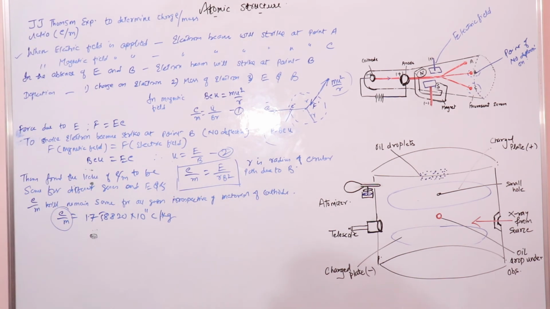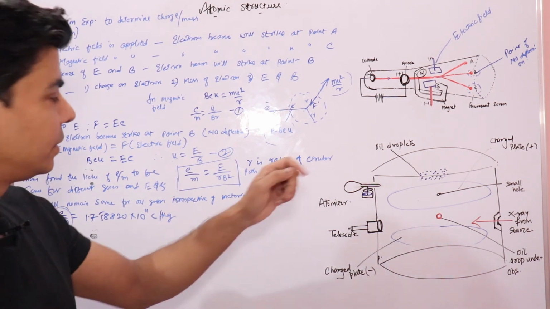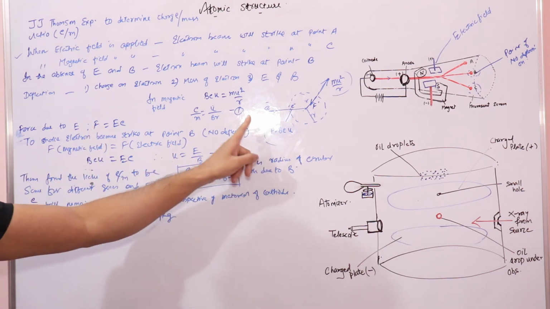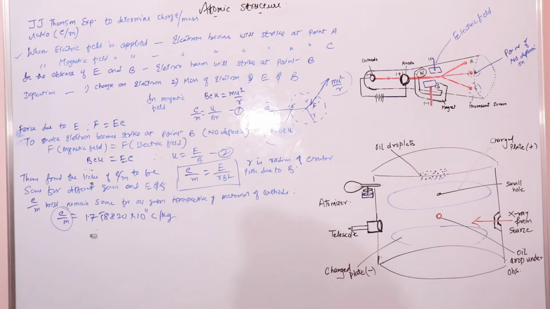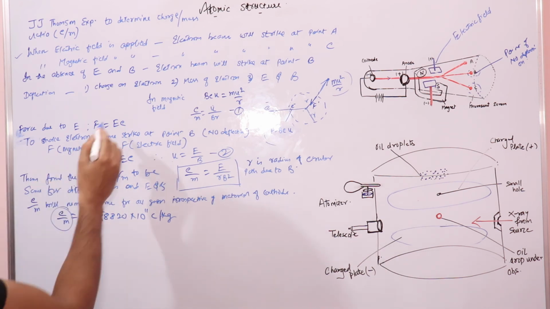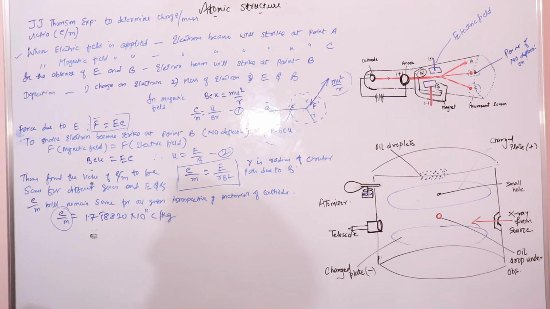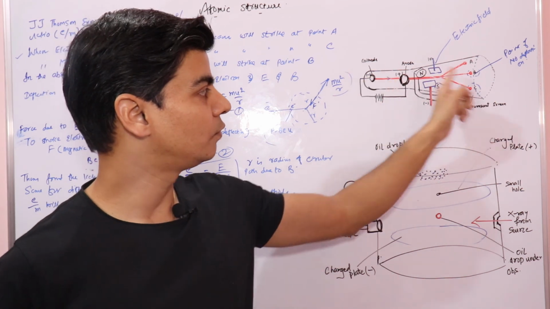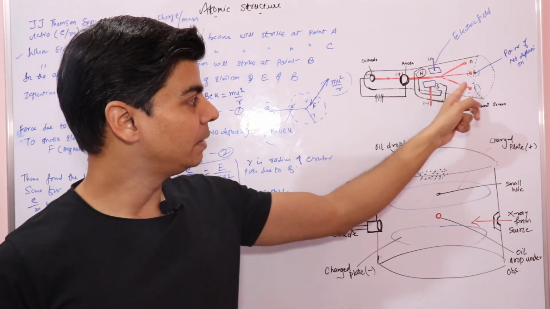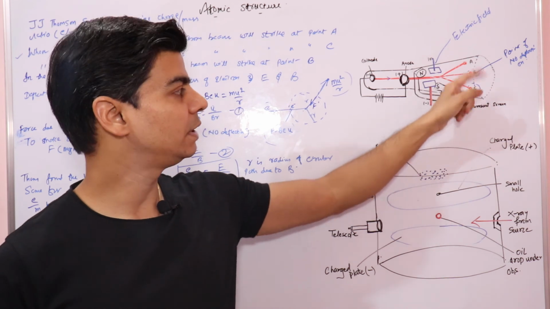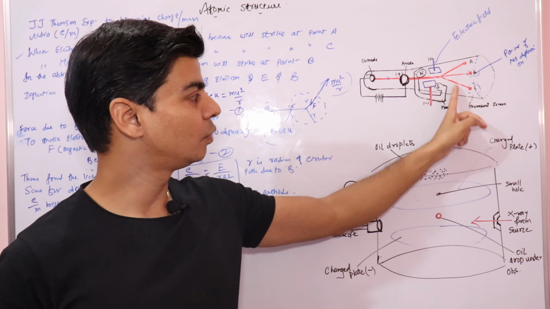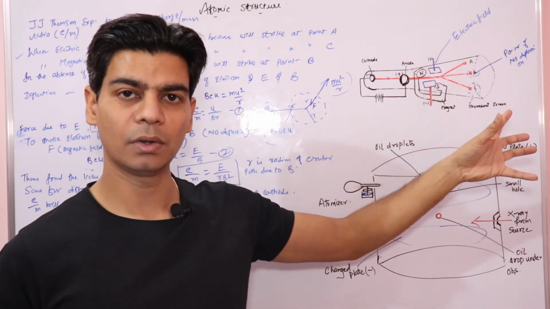Now the second case we have taken is the force exerted by electric field. The force exerted by electric field would be force is equals to eE, right? This is the force due to electric field. Now the point of no deflection, the electron beam will strike at point of no deflection when the force due to electric field and the force due to magnetic field is equal and opposite.